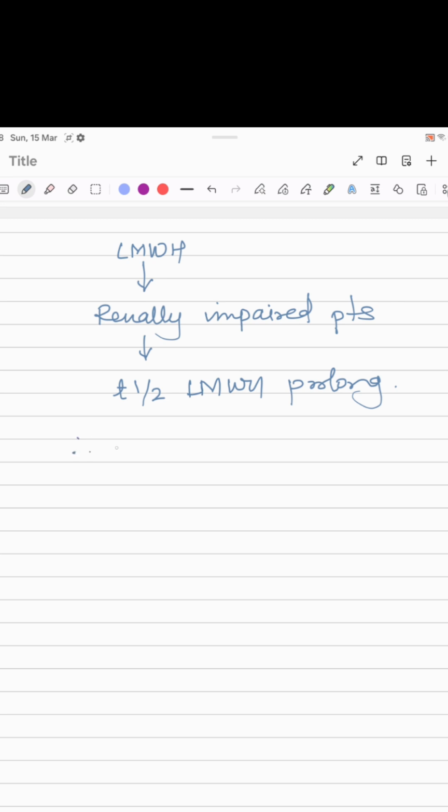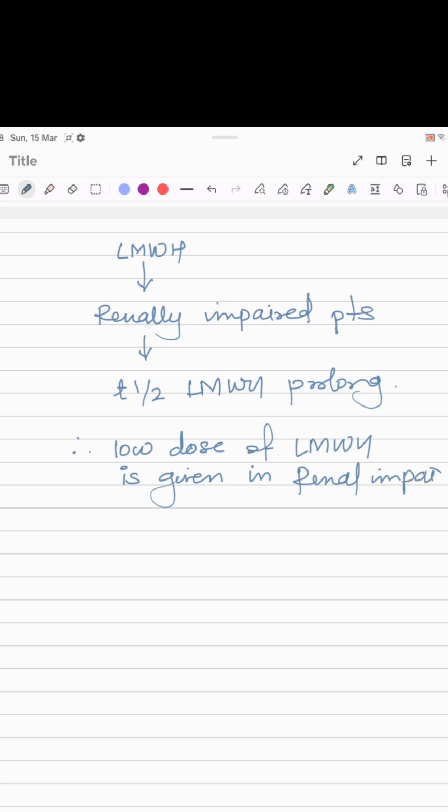So, therefore, a low dose of LMWH is given. In which patients? In renal impaired patients, a low dose of LMWH is given because the half-life is getting prolonged.